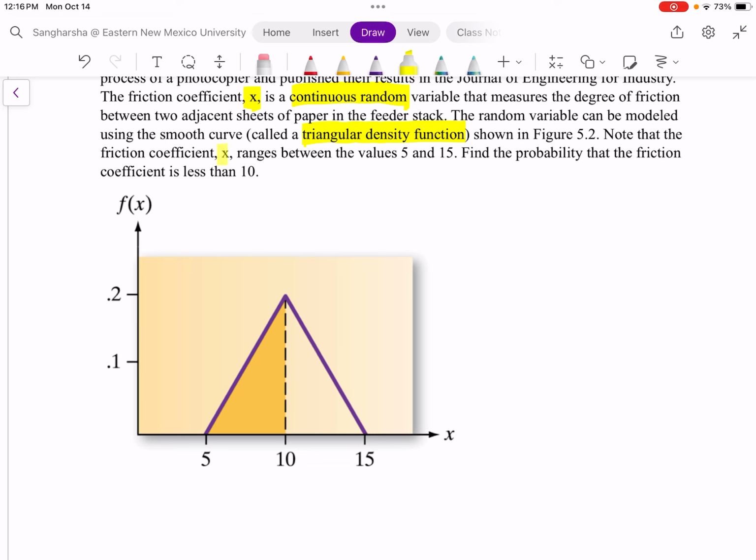Now our x, the friction coefficient, ranges between 5 and 15. What does it mean? Can x take a value 0? No, right? Because it says that x ranges between 5 and 15. So x can't be less than 5 or greater than 15.